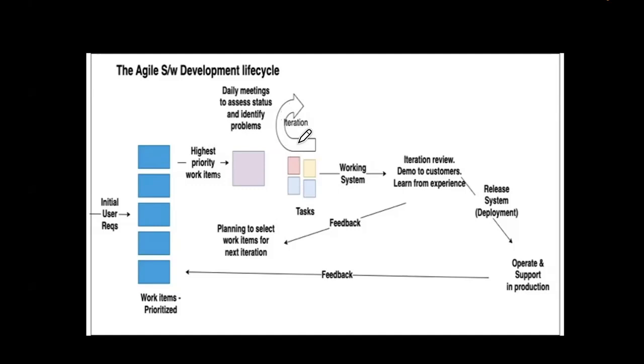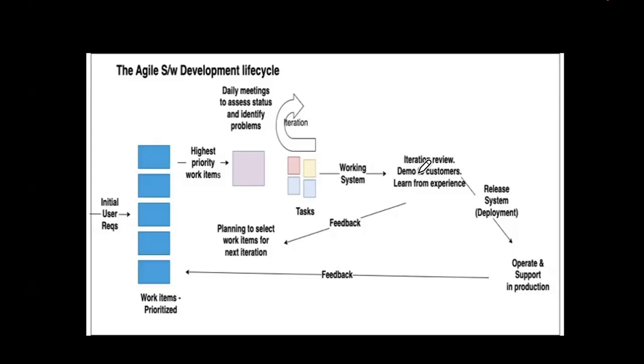Let's see, where is that being said here? You either demonstrate the current state of the application to the customer, or if the application is actually being used in production, you deploy the new features that you've developed over here. You deploy them into the production version of the software application.